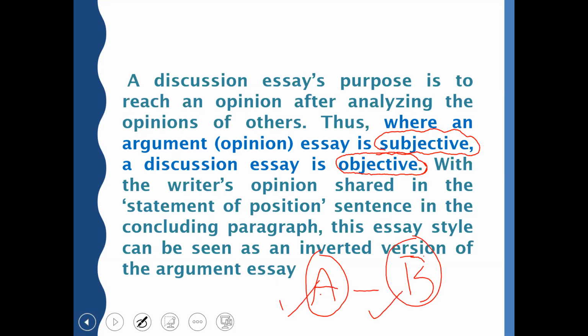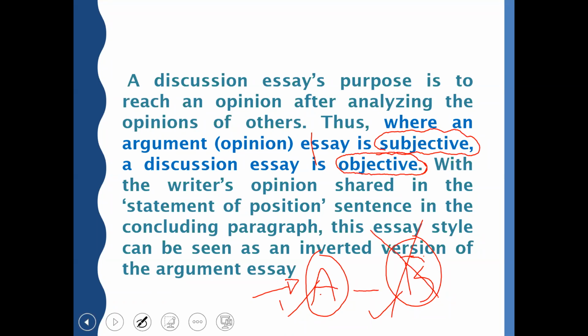This is a very important point. You have to support both sides. Then after discussing both sides comes your opinion at the end. But you can't, in a discussion essay, say, all right, I believe online education is very effective, and keep talking about why online education is effective, and ignore the other side altogether.